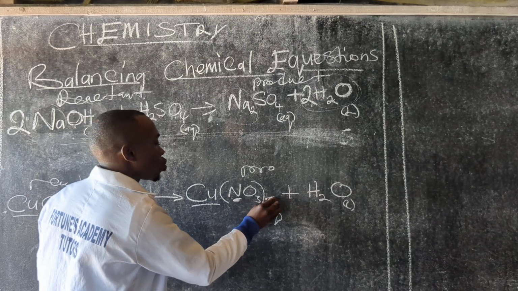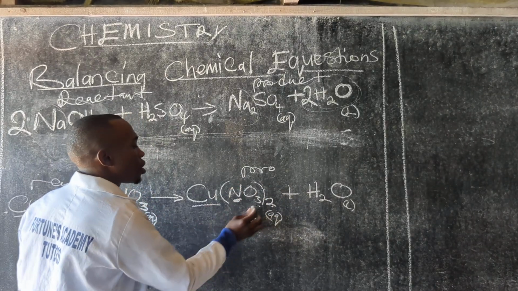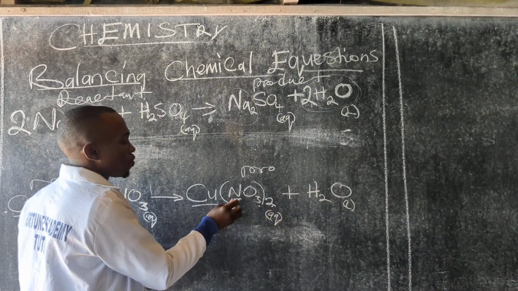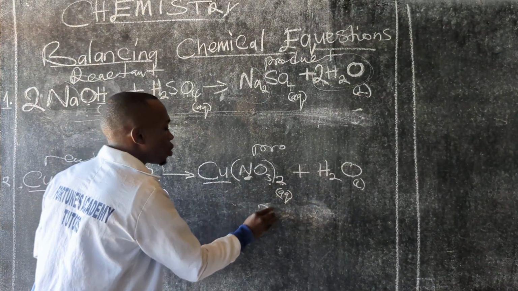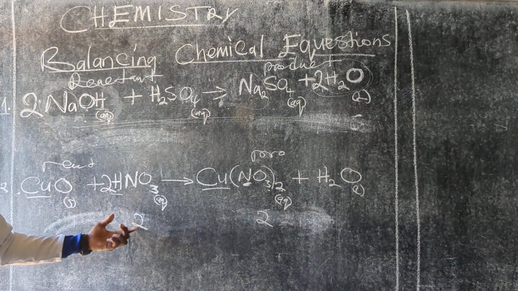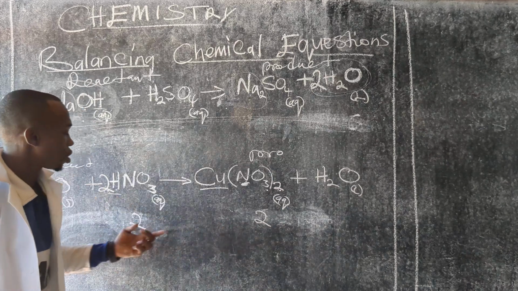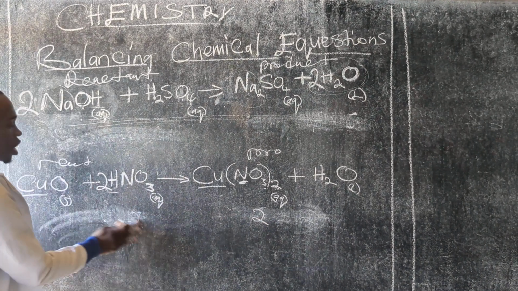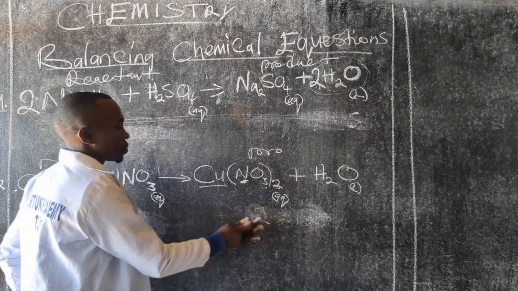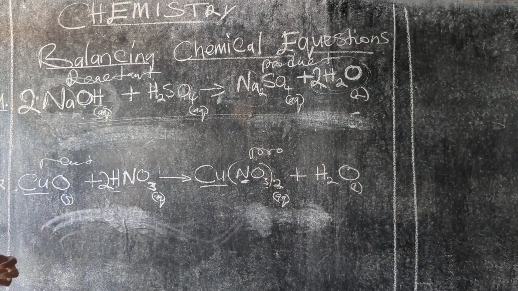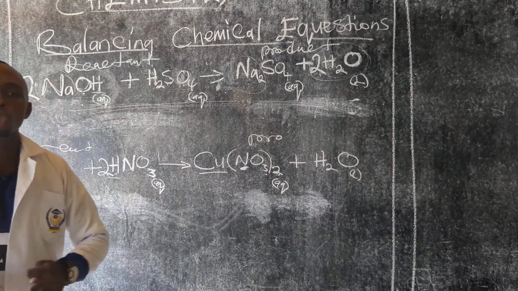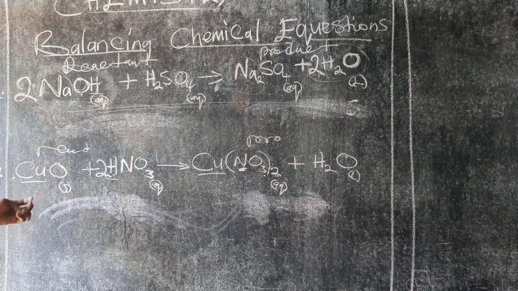I said these 2 have affected everything in the brackets. So which means we are having 2 atoms of nitrogen, which means nitrogen is balanced. Let us move on to another element. There are not any remaining elements. So this is how we are supposed to balance this equation.